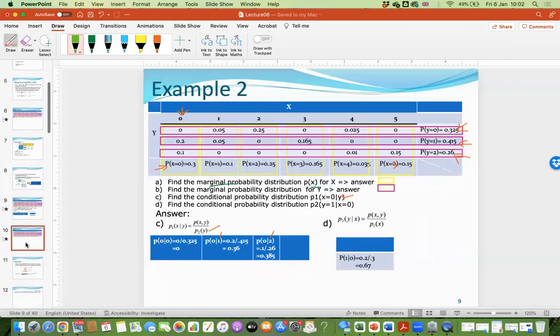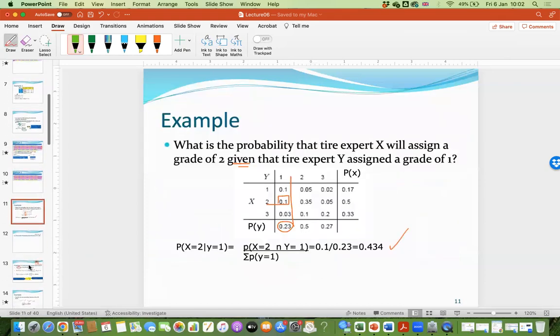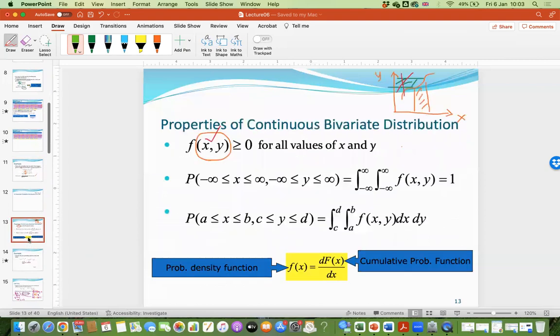Okay, so we have learned some examples together, and also we went to the continuous bivariate distribution. Same thing, they have the same condition. And remember, for the continuous bivariate distribution, we need to do the integration of dx first. Once you completed, then only dy.